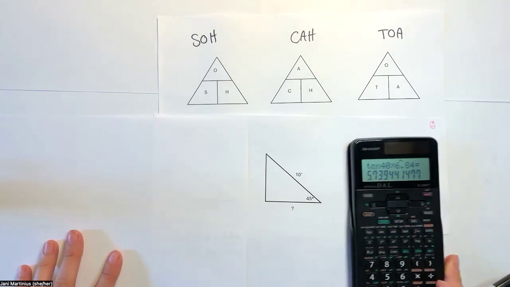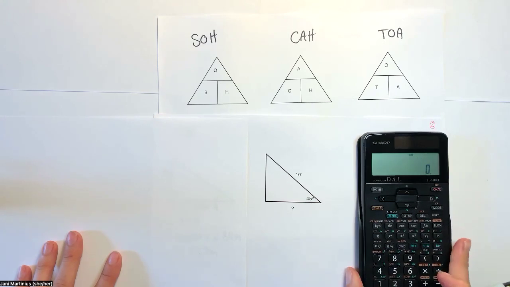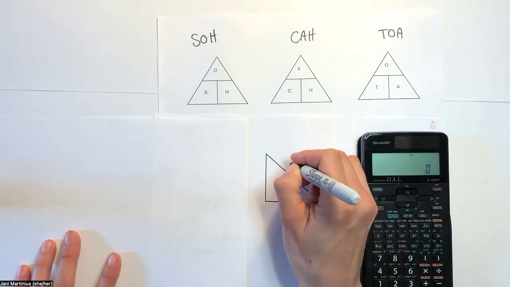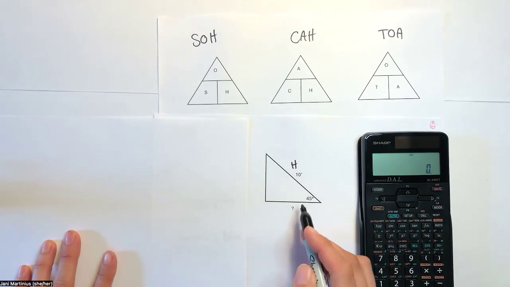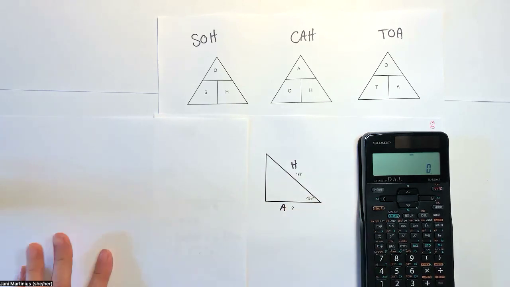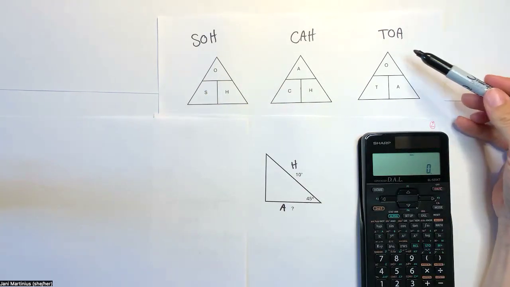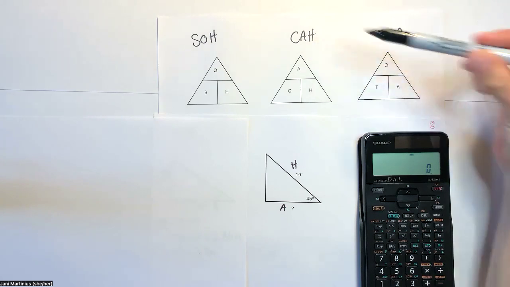Now, for our next triangle, we have an angle given to us. There's something on the hypotenuse side, and adjacent, right next to the angle, is a question mark. So we'll call that an A for adjacent. So A and H, that's not this one, it's not this one, must be this one.